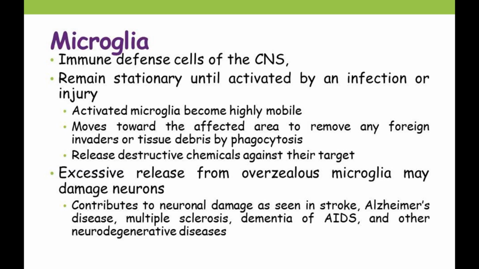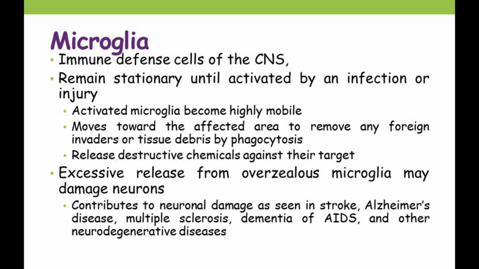The microglia are actually immune defense cells of the central nervous system, and they remain stationary until they become activated by an infection or an injury. Activated microglia are highly mobile. That is, they can move towards the affected area to remove any foreign invaders or tissue debris by phagocytosis. And they can also release destructive chemicals against these targets.